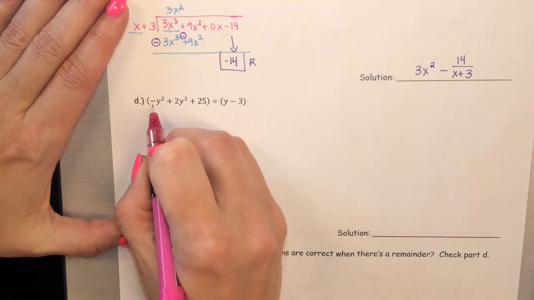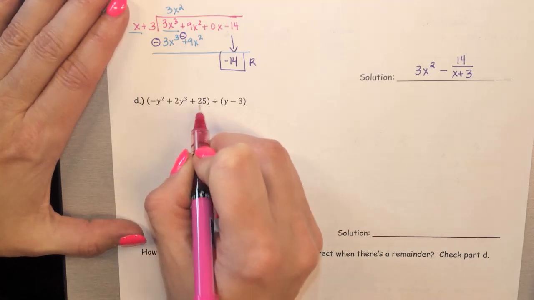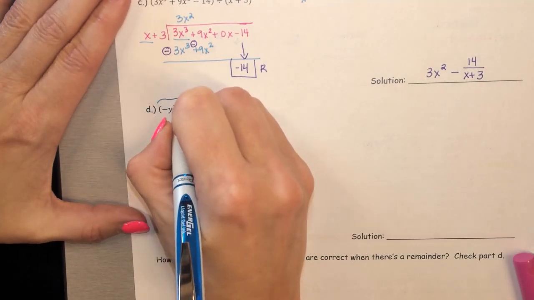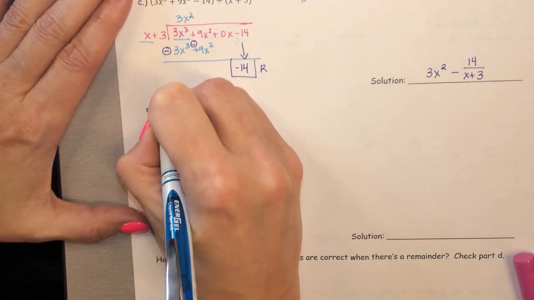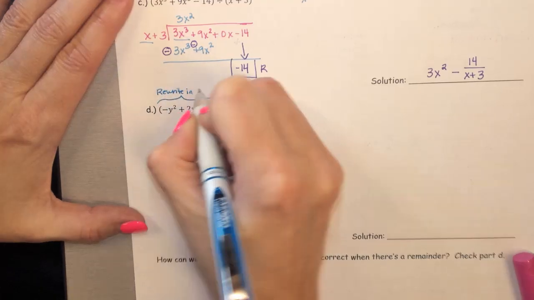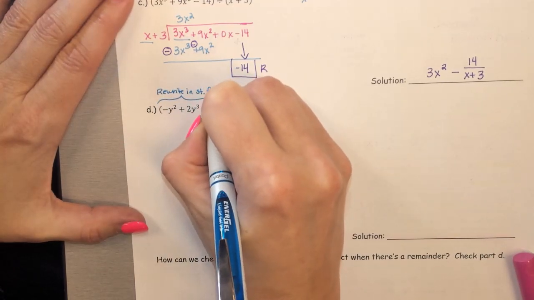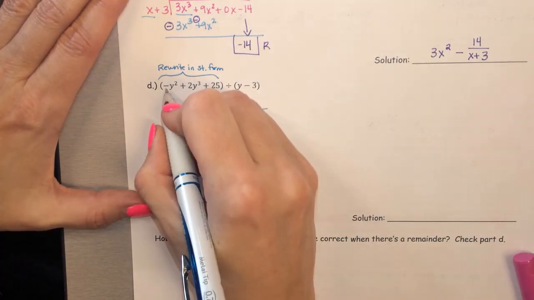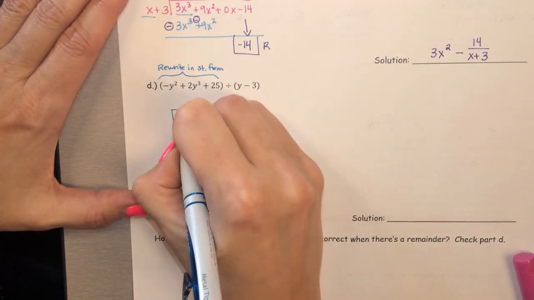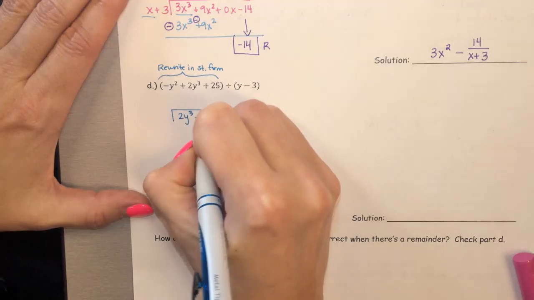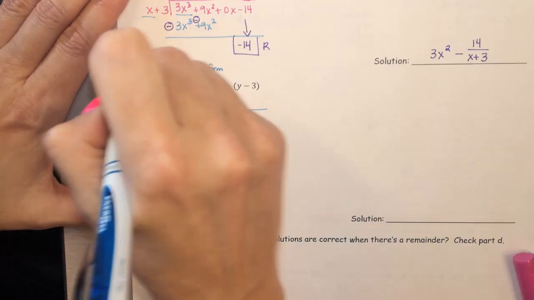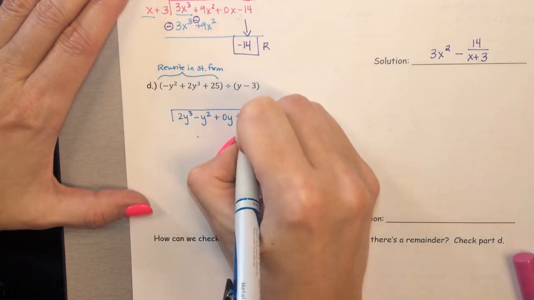So with this, I have negative y squared plus 2y cubed plus 25. So if it's not in standard form, let's rewrite it in standard form. And you'll notice when you are starting to write it, if you accidentally start with that, that would definitely be something I would do by accident, just because we're so used to starting at the beginning.